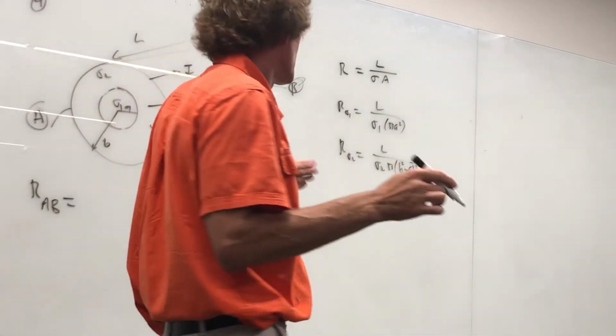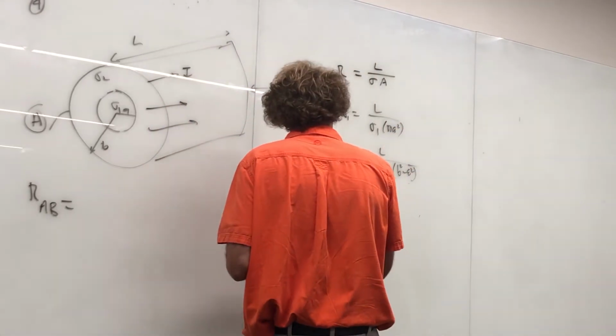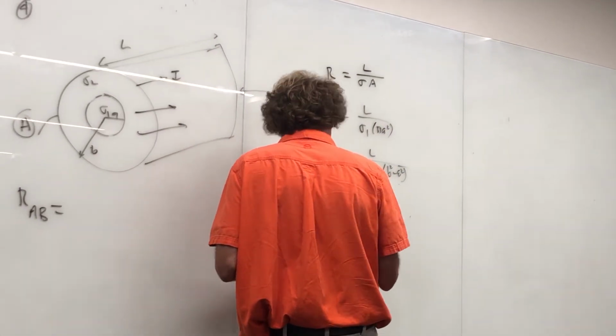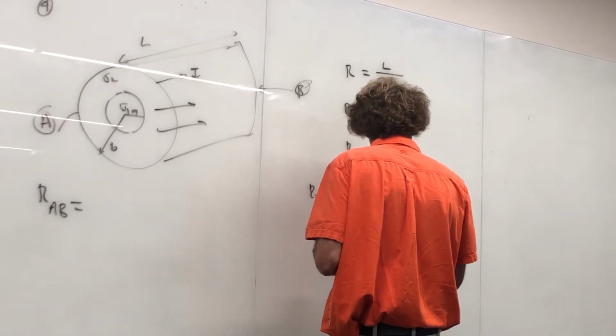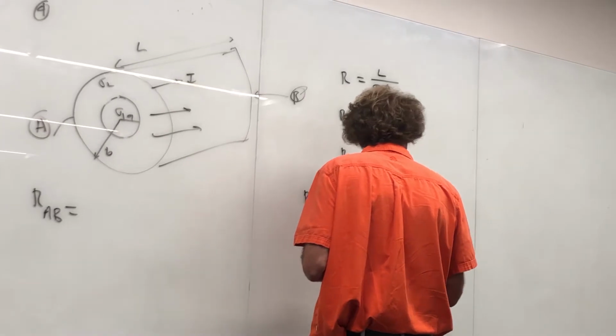There are several. Now I can say that R total, since they're in parallel, is 1 over R sigma 1 plus 1 over R sigma 2.